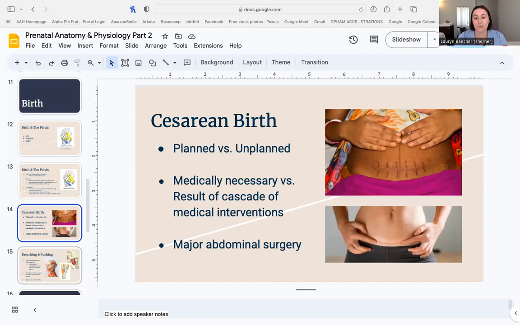You may have someone who's pregnant with their second or third, and their first was an unplanned cesarean, and now they're weighing their options of, do I VBAC? Do I have a vaginal birth after cesarean? Do I plan a cesarean? They may be second guessing some of the interventions from a previous pregnancy.